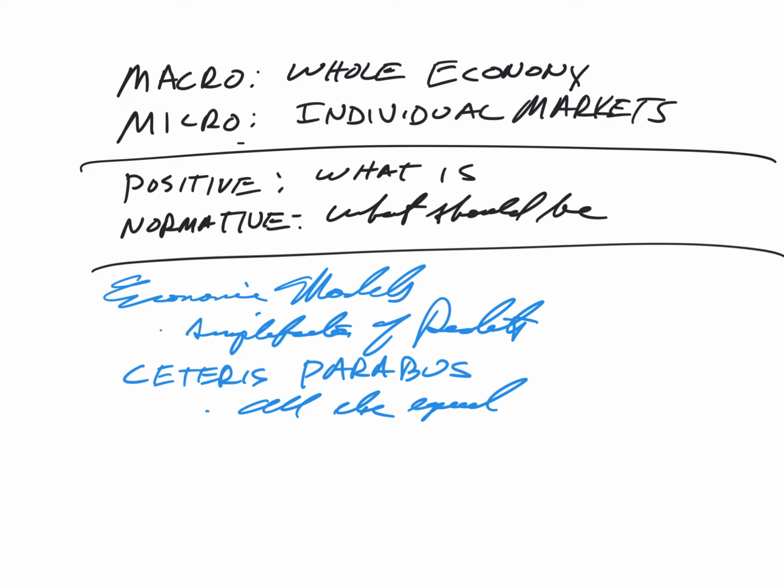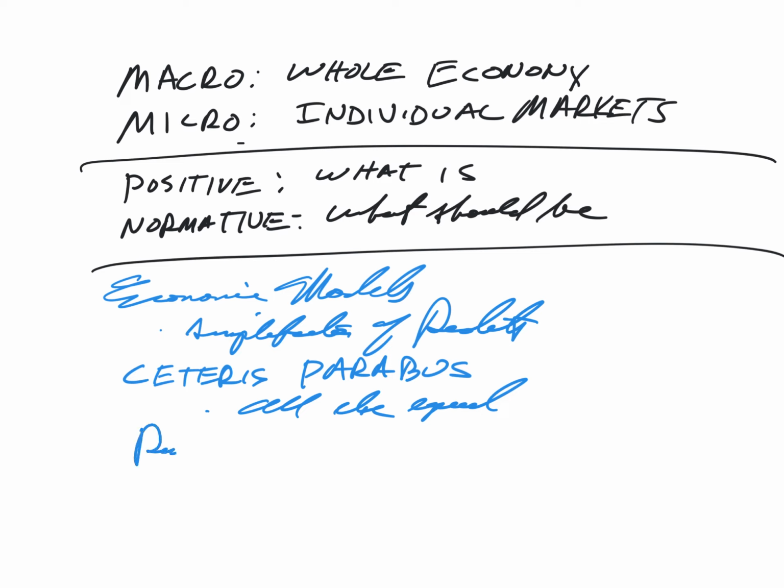So if we want to see how bikes respond to a change in income, we would hold the price of other goods constant. Because if we let them all change at the same time, we can't isolate what's going on there with income. So ceteris paribus, one of the big assumptions. Another assumption, and we won't talk about all of them right now, I'm just listing some of the main ones.